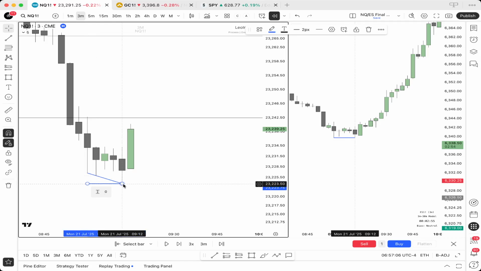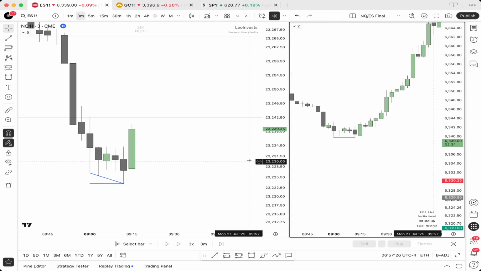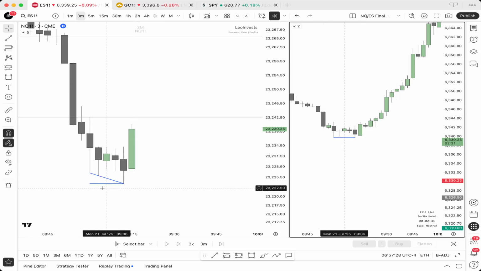And then we formed a new low that swept out the previous lows at that 9:12 versus ES here ended up just consolidating and accumulating here, then created exactly equal lows where it had tapped into the same price level as before, being this 6,339.75, but did not manipulate and fill any liquidity at these lows, whereas NASDAQ did.